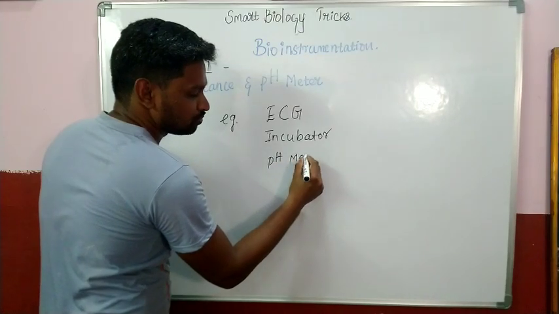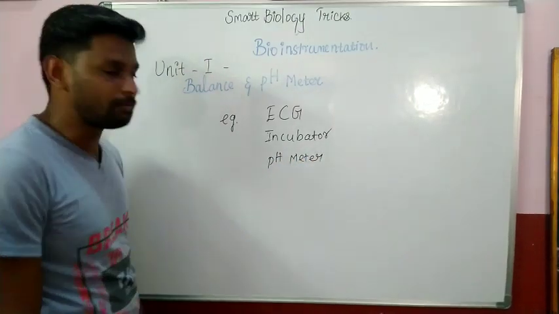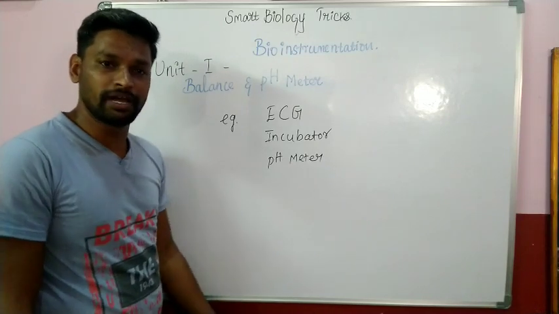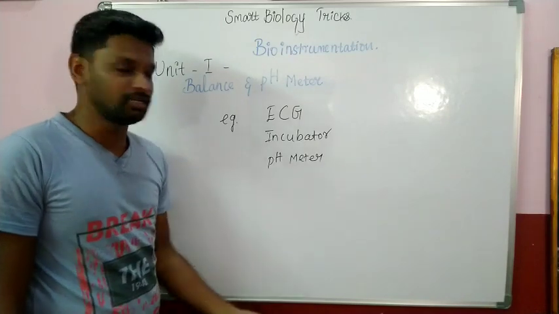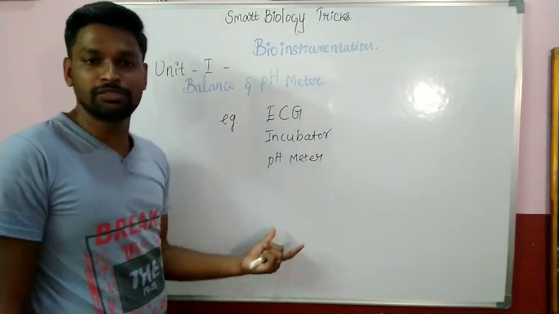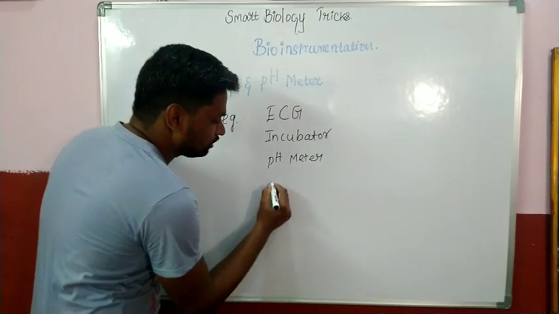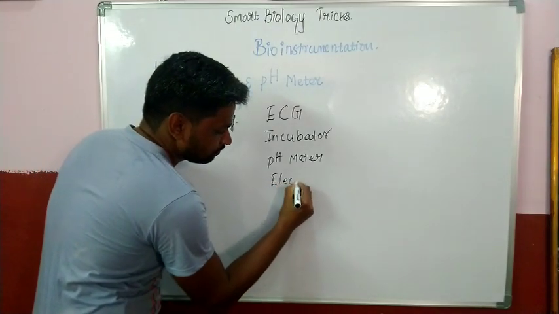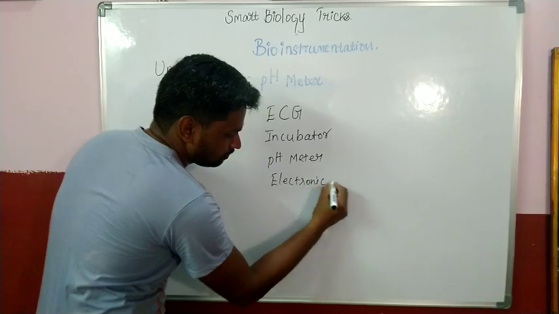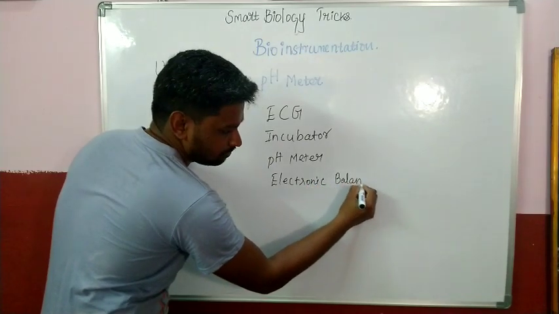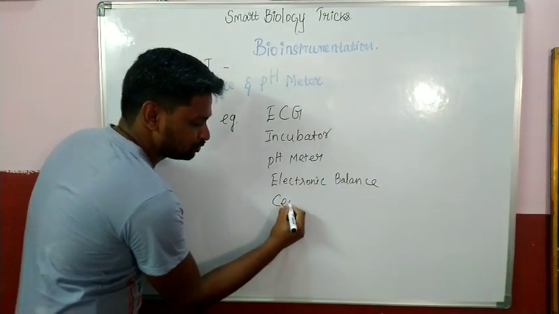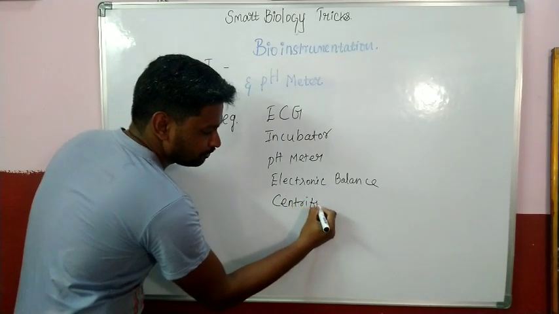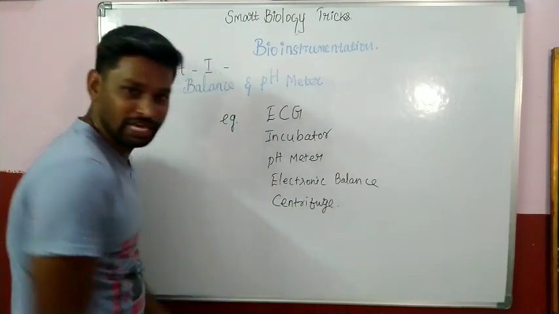It is a basic instrument used in our research laboratories, and also in common biological testing, any blood testing laboratories. These instruments you can find. So pH meter, electronic balance, and also centrifuge. Those are the basic instruments.